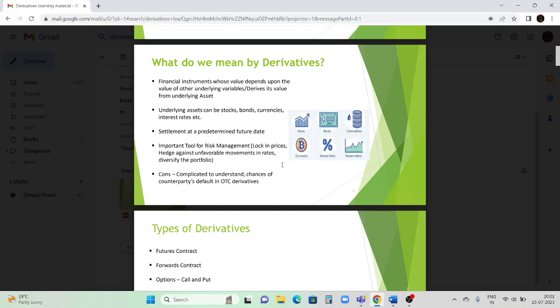Settlement is at a predetermined future date. It is an important tool for risk management: lock in prices, hedge against unfavorable movement in rates, and diversify the portfolio. It's complicated to understand, and there is a chance of counterparty default in OTC derivatives.